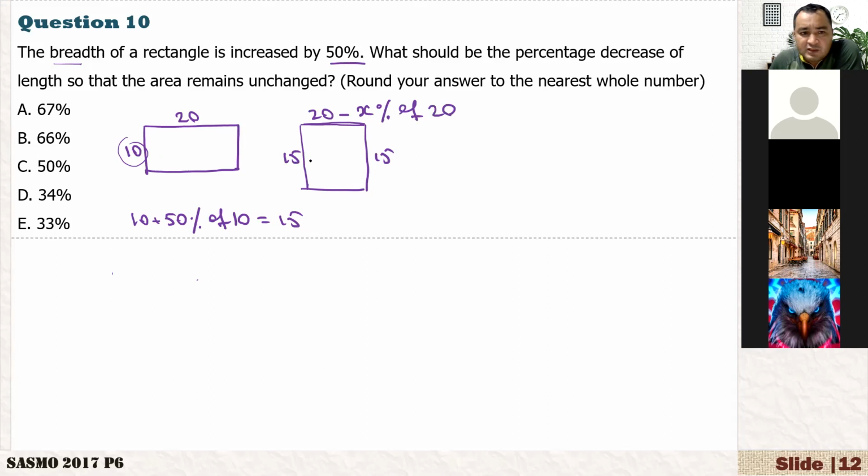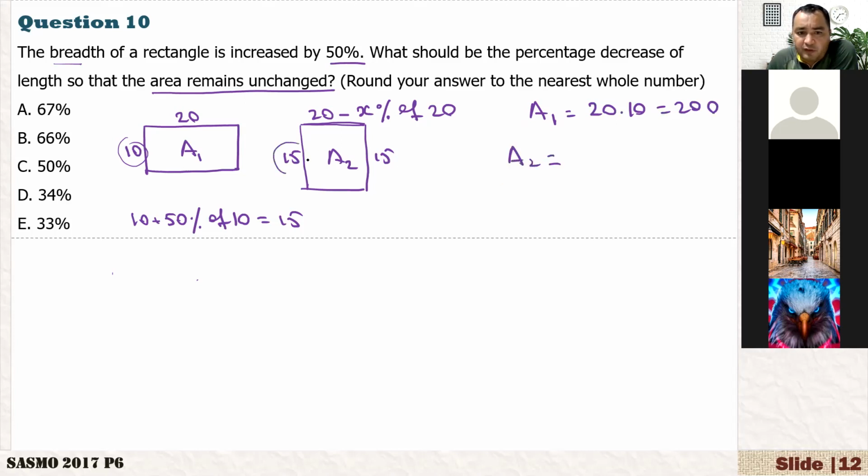Of 20. The area must be the same. So what is the area of the first one? A1 is equal to 20 times 10, that's equal to 200.